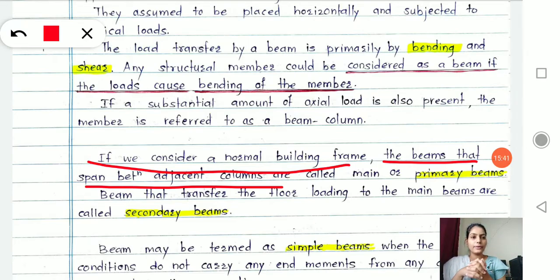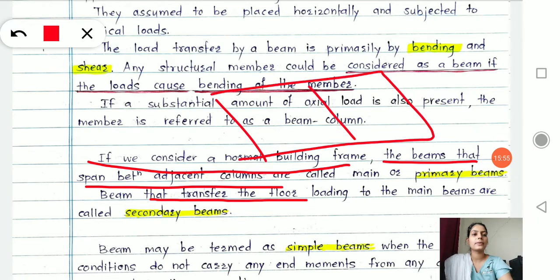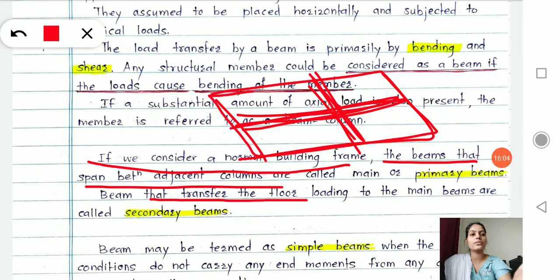But if a beam transfers the floor loading to the main beams, it means these middle beams are transferring the floor load to the main beams. The main beams are these four edge beams, right?